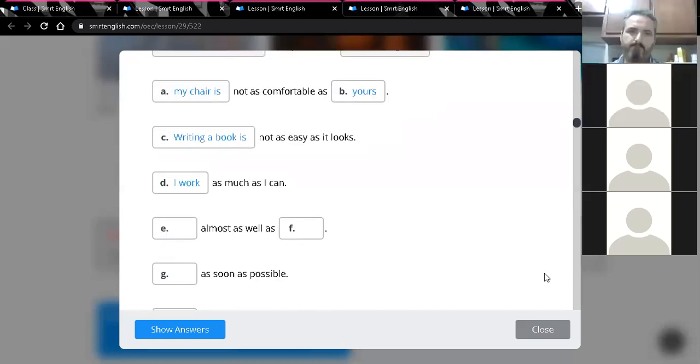Letter F, Francisco. Almost as well as. So this is an action. You need an action to compare with another one, and to say that both of them are done almost as well, both of them are almost the same. Think about an action that you do almost as well as another action.